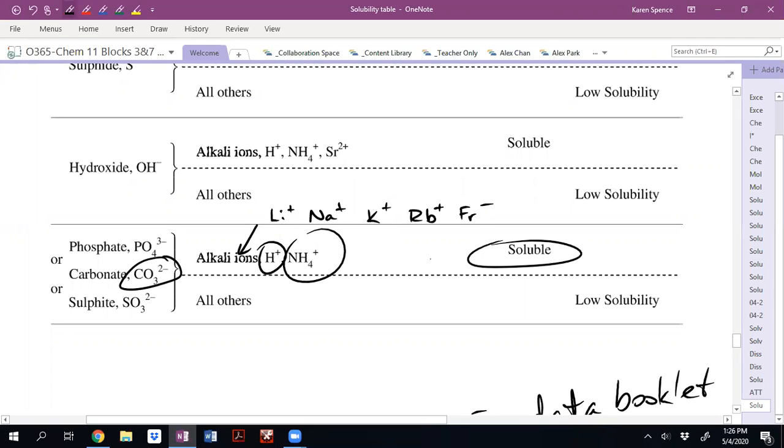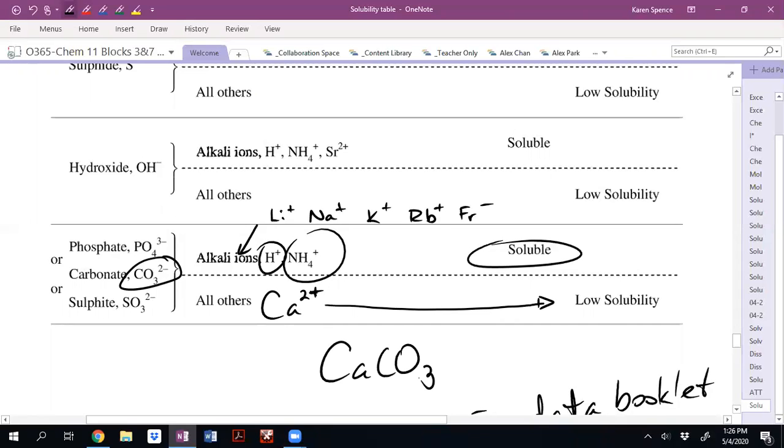It's an alkaline earth. And it's not hydrogen. And it is not ammonium. And so calcium with carbonate is low solubility, which tells me that if I have the compound CaCO3 as a product, it's going to be a solid, which means this is going to be the precipitate.